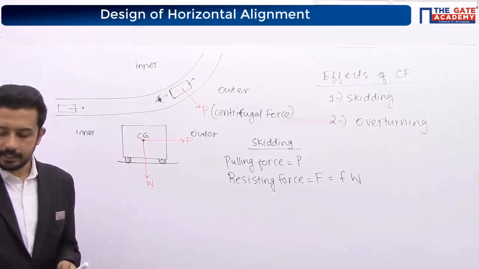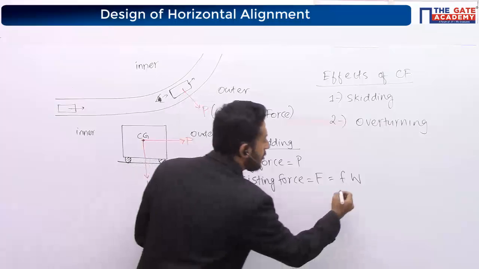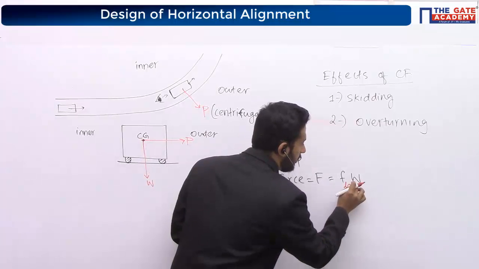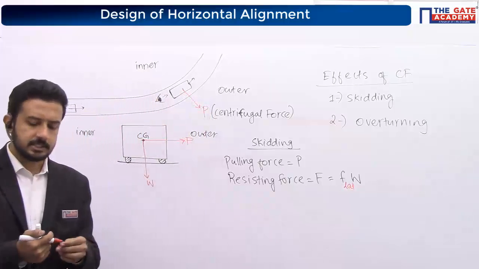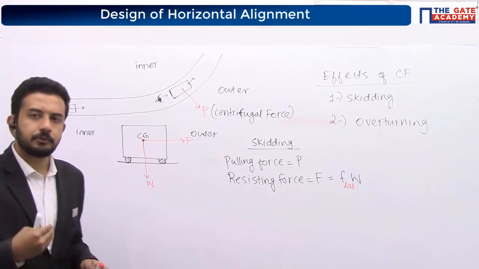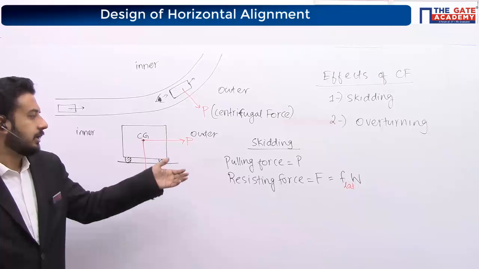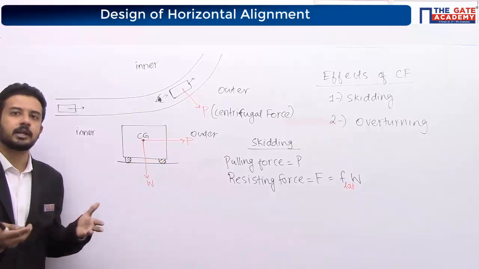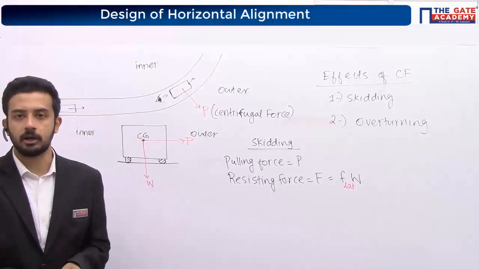But what will that f value be? That f is nothing but the coefficient of lateral friction, or I can call it the coefficient of side friction because it is acting from the side. While applying the friction and stopping, it is the coefficient of longitudinal friction. Now it is happening from the side, so I call it the coefficient of lateral friction, small f.